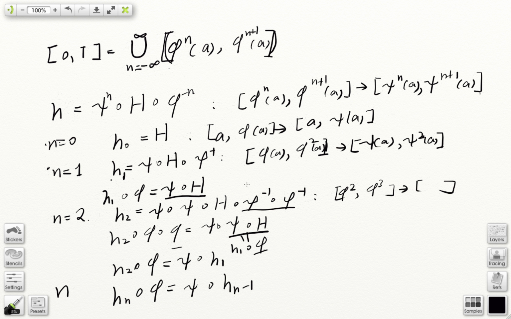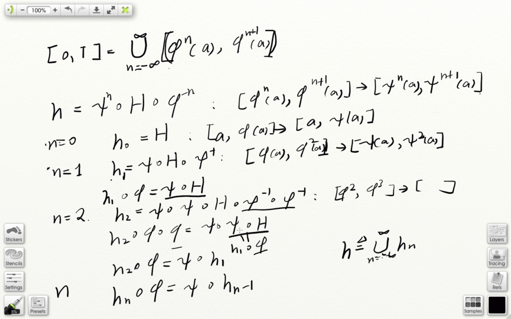Since n is from negative infinity to infinity, if we take the union, h is defined as the union of hn, where n is from negative infinity to infinity. Since each single hn is a map from an interval to another interval, their union is going to map the interval in 0 to 1 to the interval in 0 to 1.